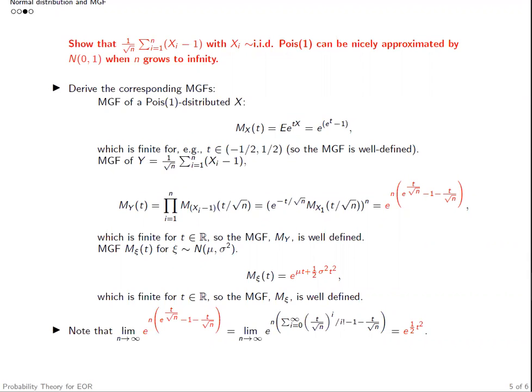Now we apply the Taylor expansion of e to the power t over square root n, which is the summation of t over square root n to the power i divided by i factorial, from 0 to infinity. It's very easy to memorize this relation once you notice that the summation of the PMF of a Poisson distribution with arrival rate lambda needs to be equal to 1.